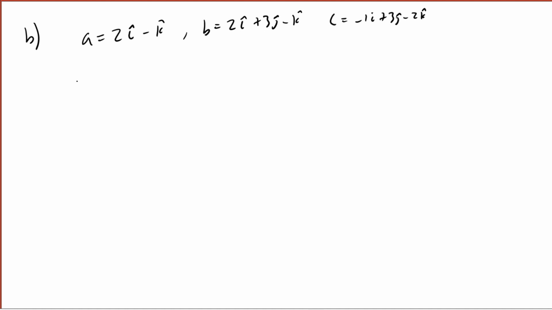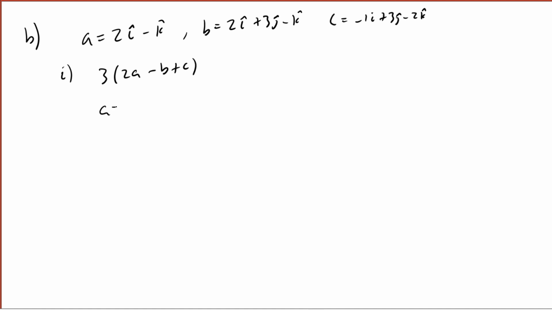And it says calculate 3 times 2A minus B plus C. So the first thing that I would do is not just take these and plug them straight in. Actually, first thing I would do would be to write them as, personally I find it easier to do this as column vectors.